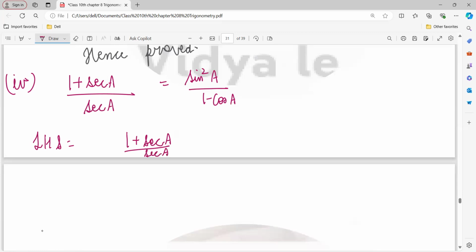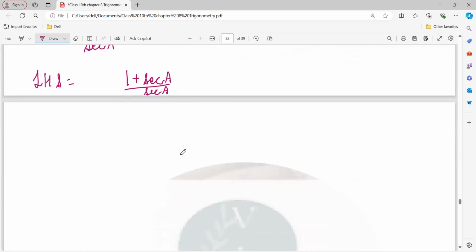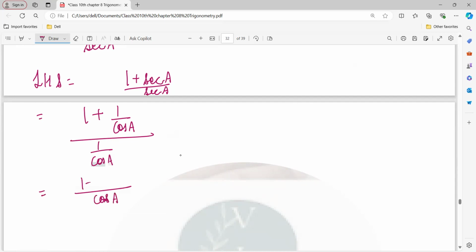Now in the right side, we can see that we want the terms in cos and sine. So we'll change the secant to cos. Secant A is 1 upon cos A, right? Now, let's take the LCM in the numerator. So we'll get cos A in the denominator, and in the numerator we'll get 1 plus cos A, right?